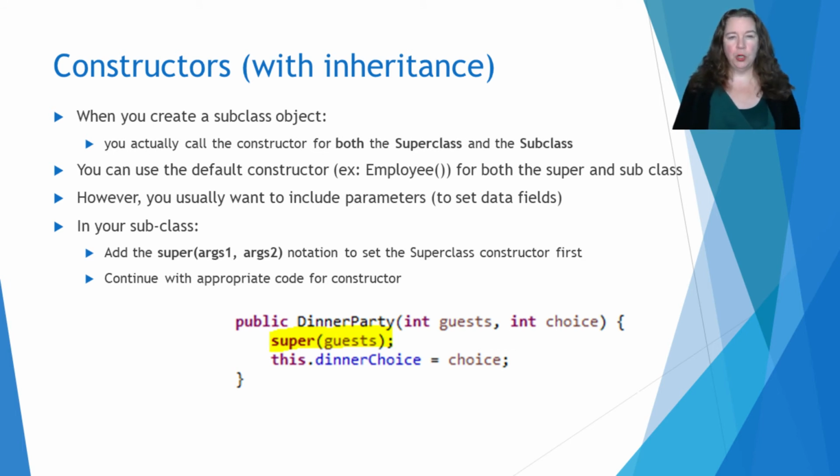Remember, the super entry needs to go first before you do any additional information. You can use the super with arguments the same way you would just using a constructor, and then continue on. Remember that super has to go first, and you can have a constructor that just has one line that's called super with an open and close parenthesis, and that is fine, but you must have a constructor that goes along with it.